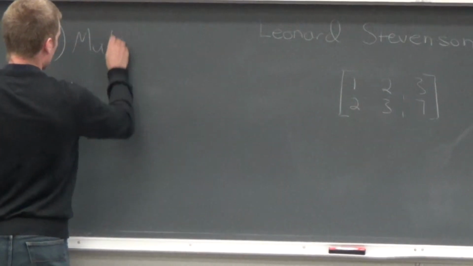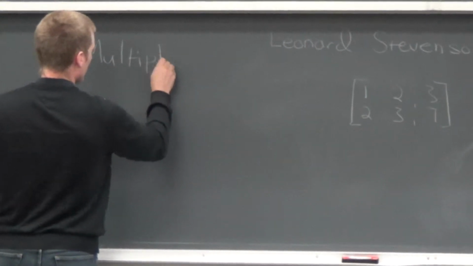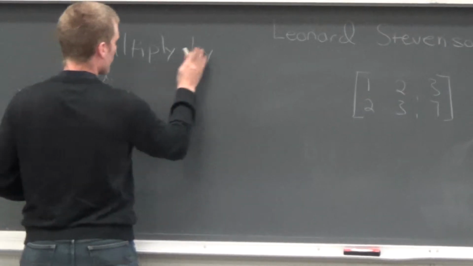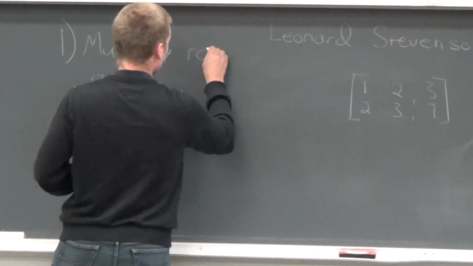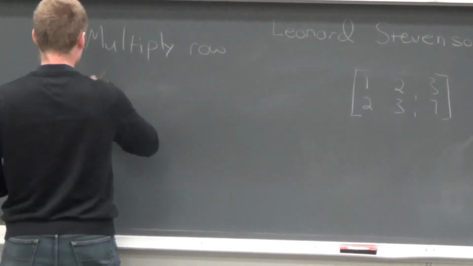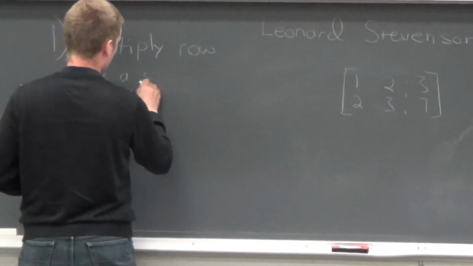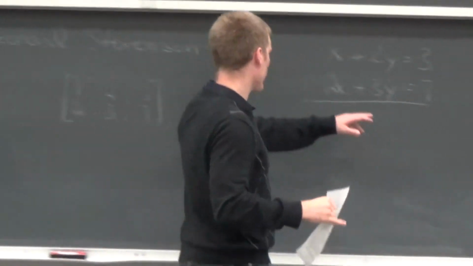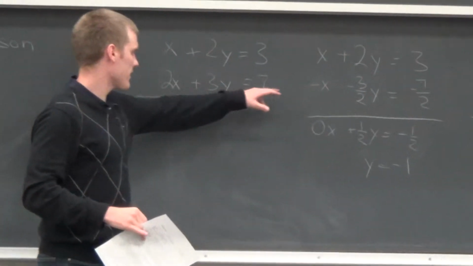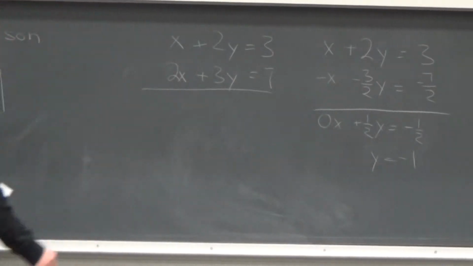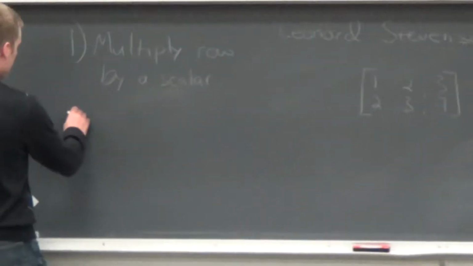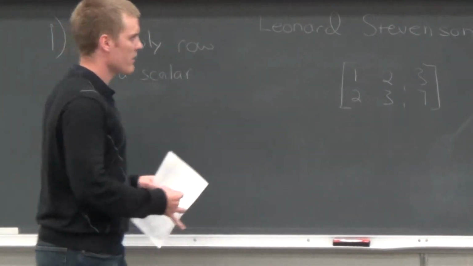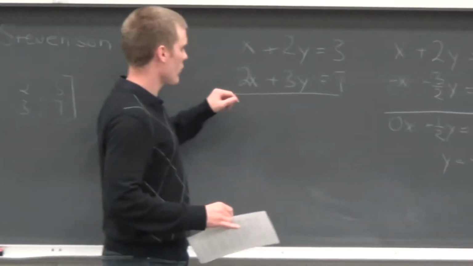And that is one of the three basic row operations that we can do on a matrix. So in the first case here, we multiplied the second row by the scalar negative 1/2. That allows us to cancel out one of the things. Along the same line, another thing we did was we added a multiple of one row to another row.